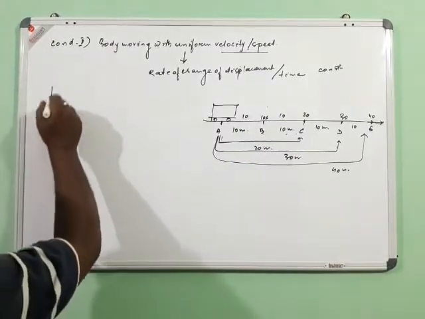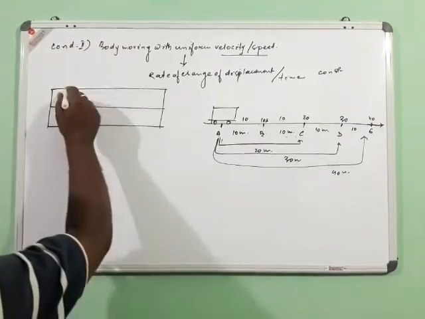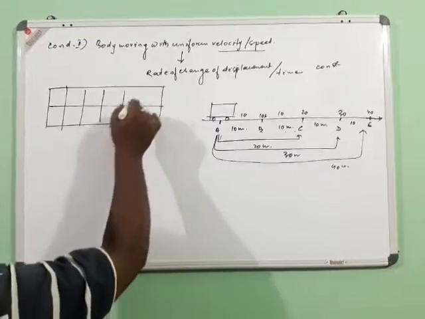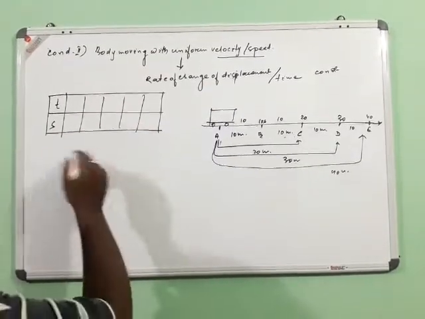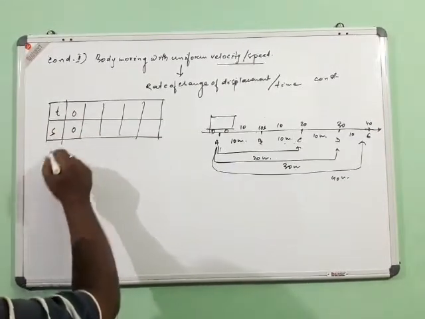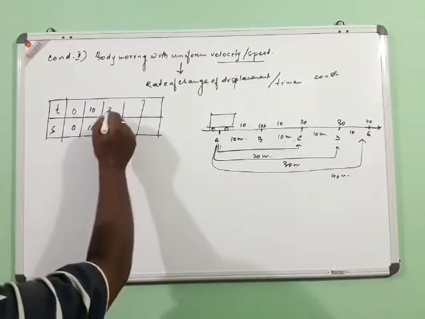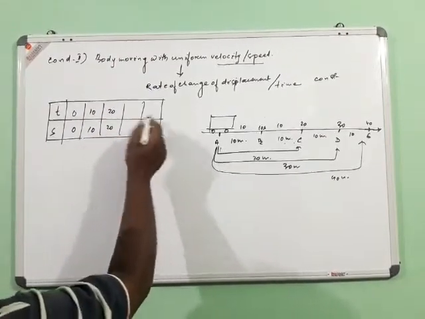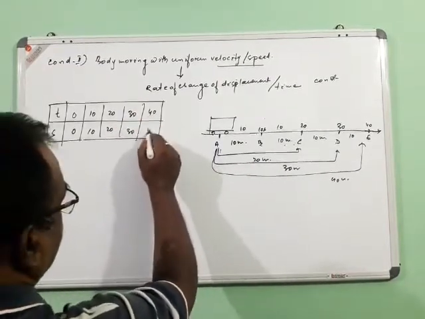Now in a tabular manner, if we represent the same thing, in the first case the displacement was 0. After 10 second it becomes 10 meter, after 20 second it becomes 20, after 30 second it becomes 30, after 40 second it becomes 40, and onwards.